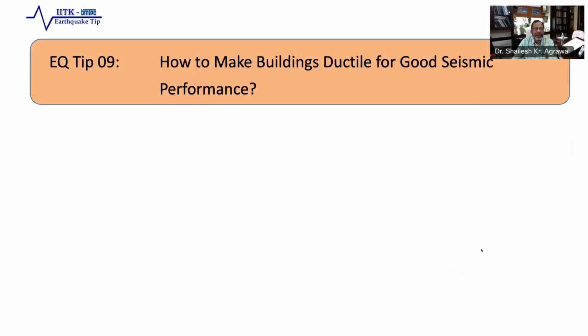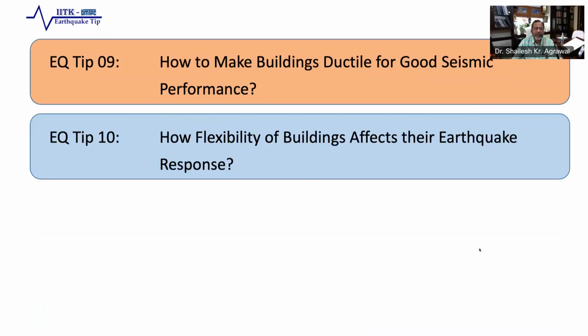Tip number 9 deliberates on ductility, which means that any load carrying member deforms sufficiently before breaking, and it is one of the most important parameters for earthquake resistant design. Tip number 10 talks about stiffness and flexibility and introduces time period, frequency, and other parameters which are useful for earthquake resistant design.